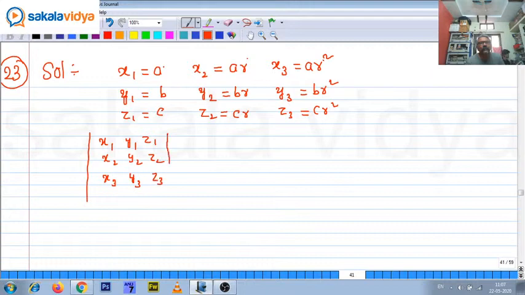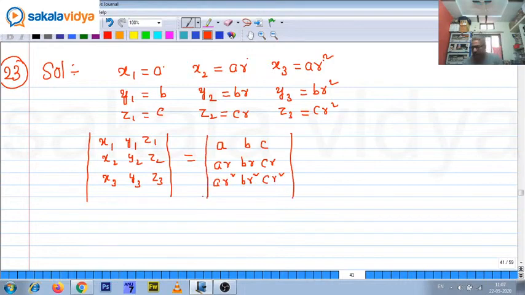First find the determinant, equals a r, b r, c r in the first row, a r square, b r square, c r square in the second row. One minute, I will come.